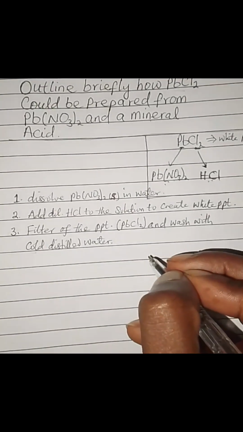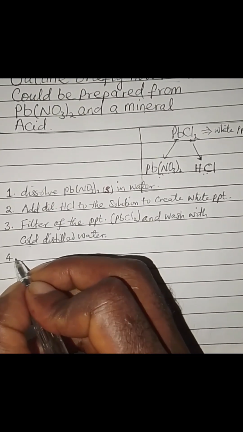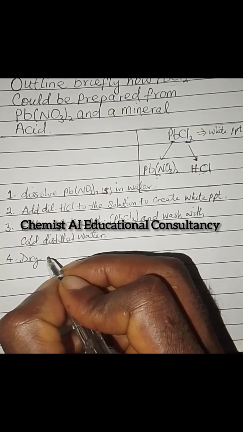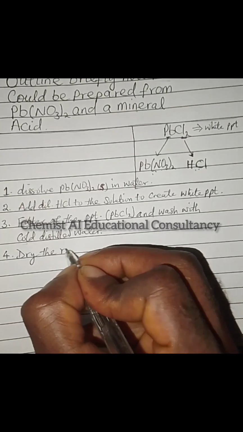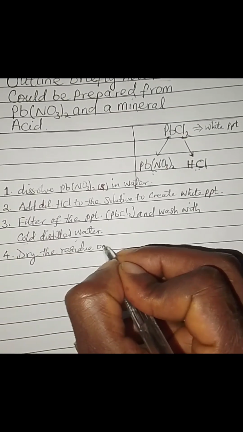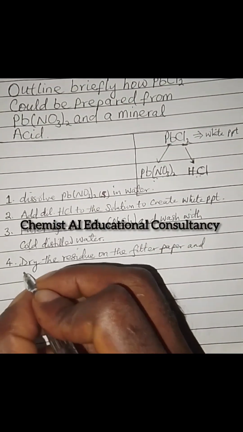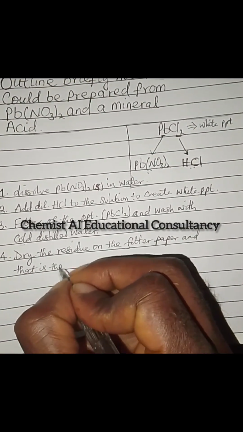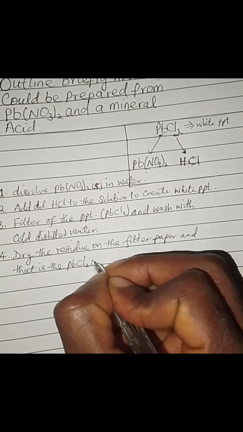After washing, the next is to dry between the filter paper. So you dry the residue on the filter paper, and that is your lead 2 chloride prepared from aqueous solutions of lead 2 trioxynitrate 5 and hydrochloric acid respectively.